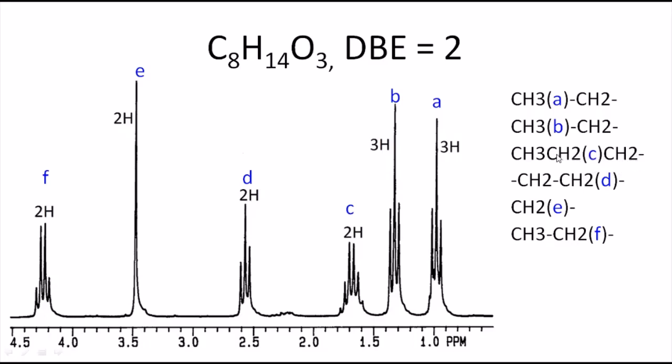CH2 CH3, and therefore one of them, CH3, either B or A, has to couple with this. One has to be eliminated. Which has to be eliminated? The one which has the lowest value, and therefore I take A. I take A connected to here because there is no electronegative group.